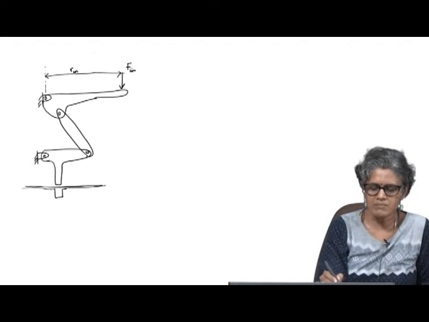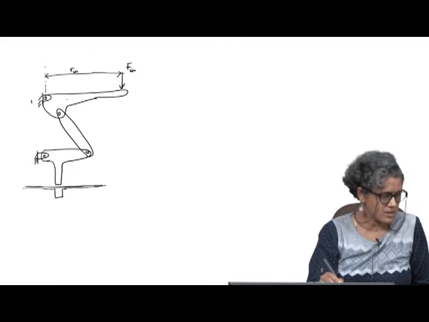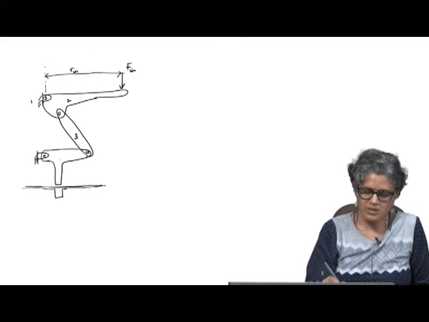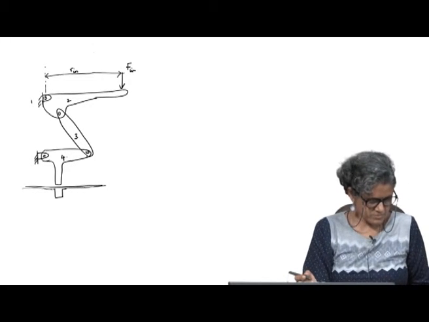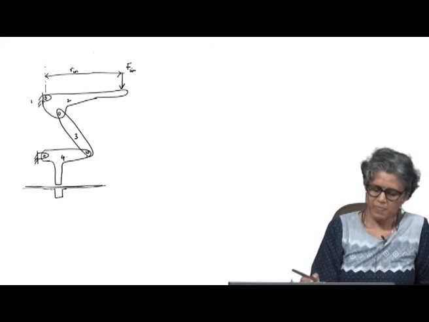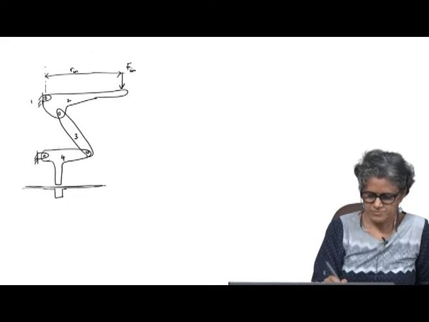R in. Okay, this is essentially a 4 bar linkage. I have 1, 2, 3, 4. And the output force will be what is being applied here, and that is being applied at a distance r out.